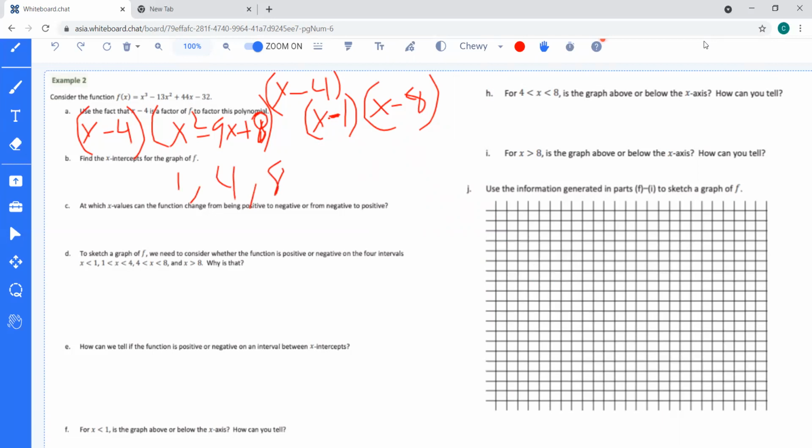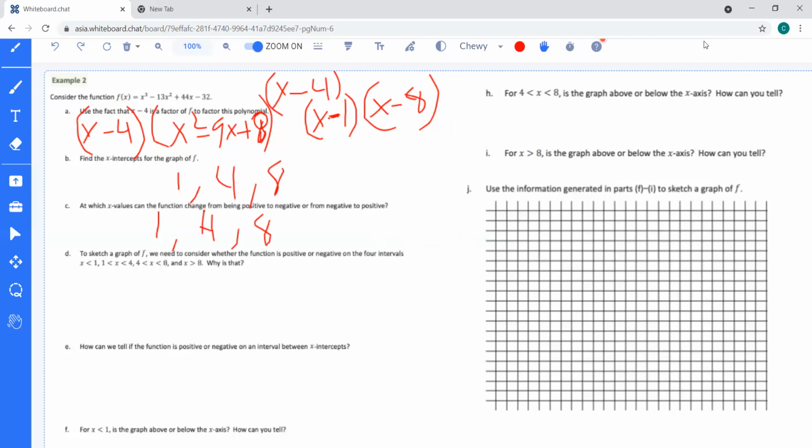At which x values can the function change from being positive to negative or from negative to positive? Well, when do they do that? Your values become negative or positive at the x intercepts, right? So that's when they're going below or above the x axis.